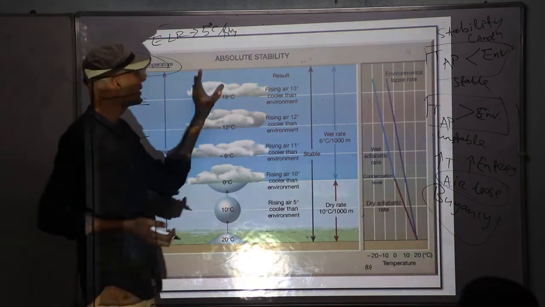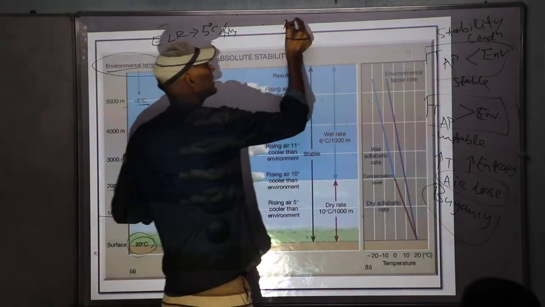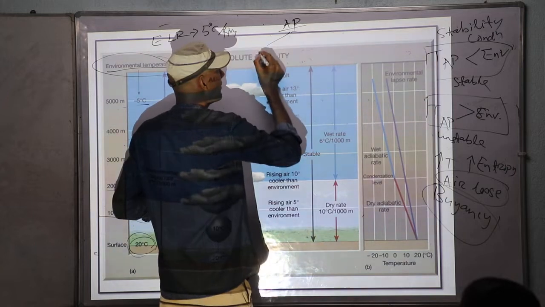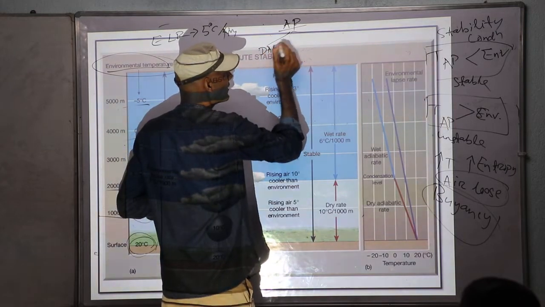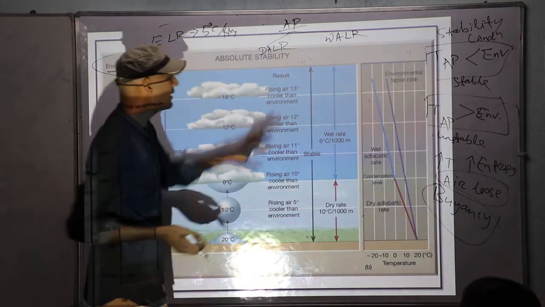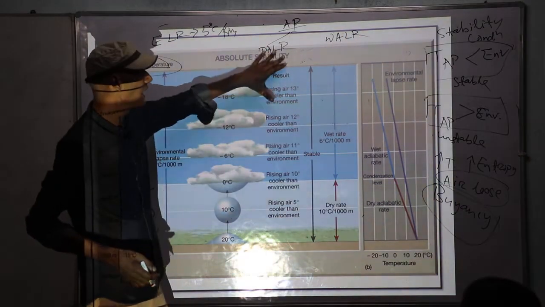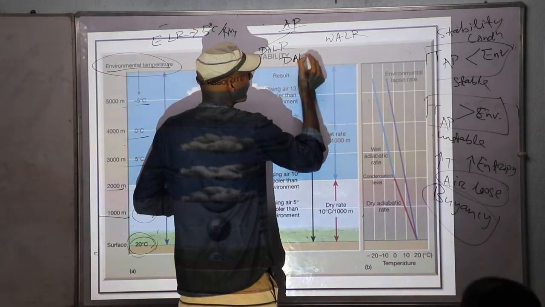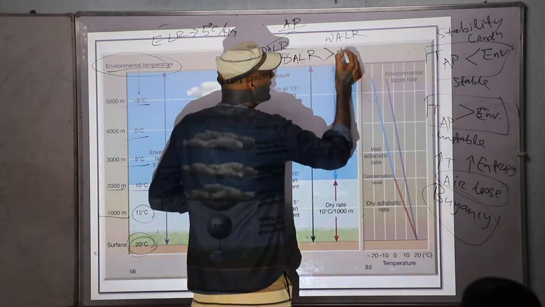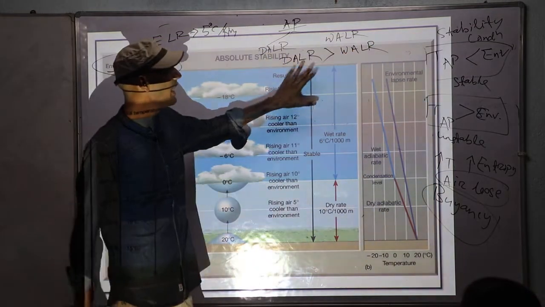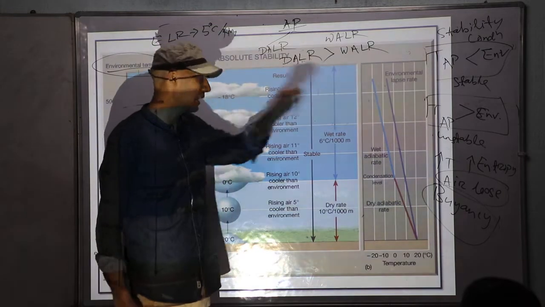Then talking about air parcel, as I have told you, for air parcel there are two types of lapse rate, dry adiabatic lapse rate when it is unsaturated, then wet adiabatic lapse rate. So see, the dry adiabatic lapse rate is higher than wet adiabatic, it is the condition which remains always constant, that the dry adiabatic lapse rate should be higher than the wet adiabatic lapse rate.